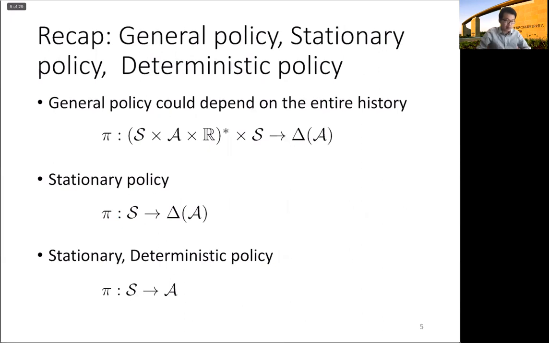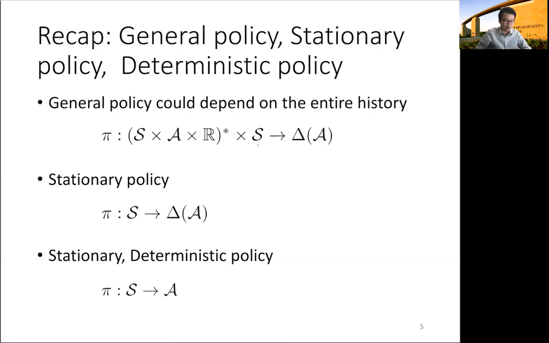Last time we talked about three different function classes, starting from the fully general policy class that could take the entire trajectory, so S, state action reward triplets to the power of unspecified length, together with the current reward, and then output a distribution over the action.